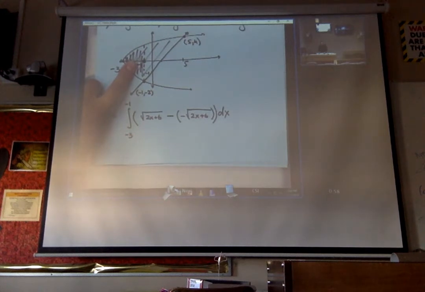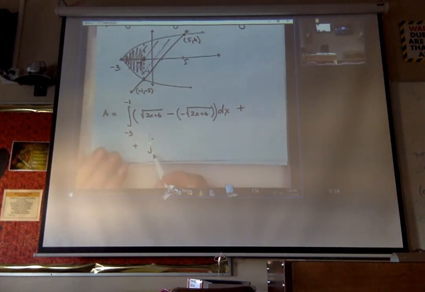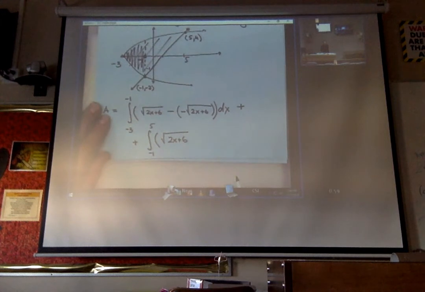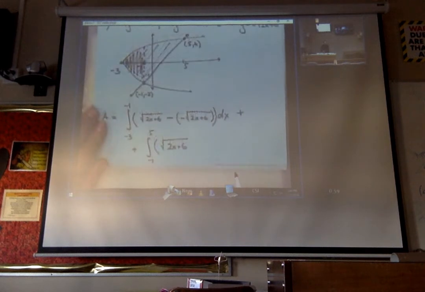But then I have to go plus and deal with the second piece, and the second piece will be from what to what? -1 to 5. From -1 to 5, and the rule is still the top, and the top is still your square root of 2x plus 6. And what's the bottom? X minus 1. It's a line, right?